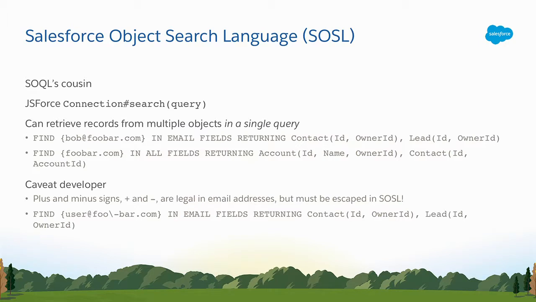And we can also do things like, if I don't find a match on the email address, I can look for the email domain across all fields. So I can search accounts and contacts to say, does anybody have this domain in their website or their email address or anything? Interestingly, it uses these curly braces as the delimiter when you call from the API.